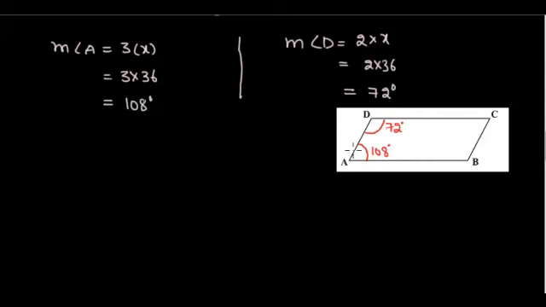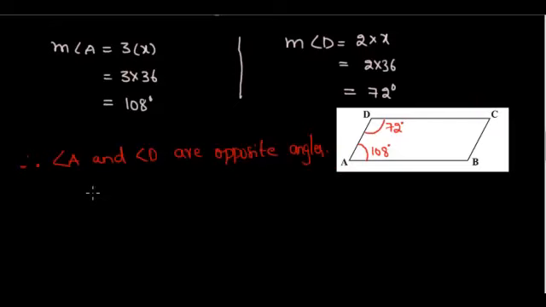We know that angle A and angle C are opposite angles, therefore they must be equal. Then we have angle A equal to angle C, and angle A is 108 degrees, so angle C is also 108 degrees.